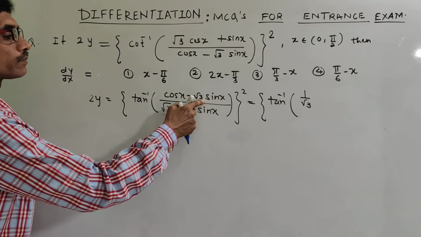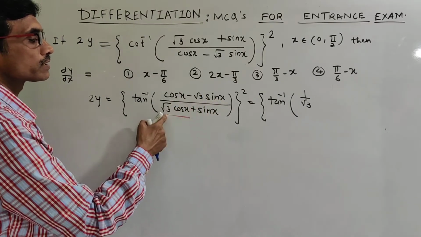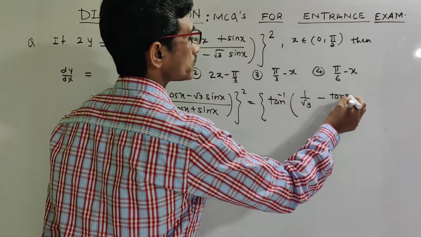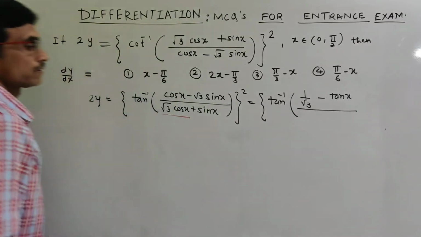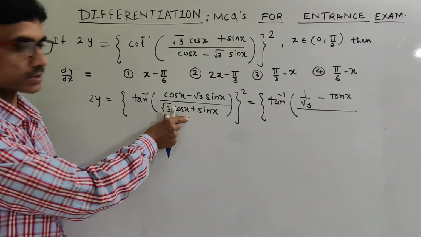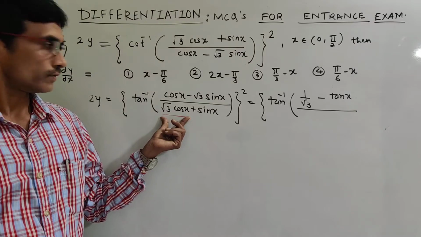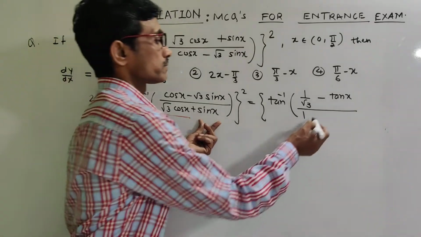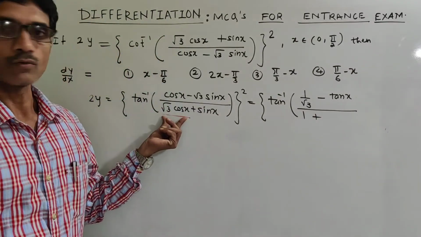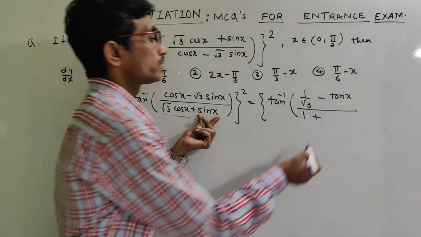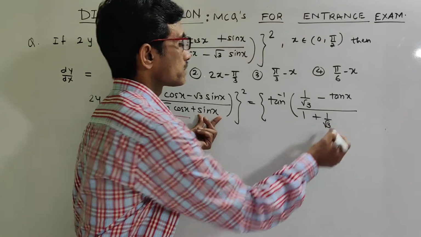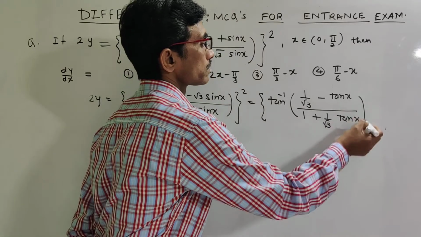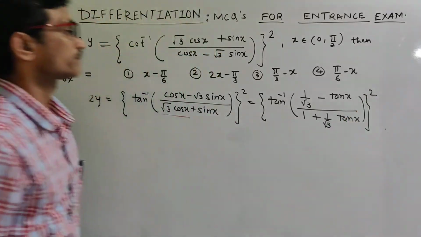Now if we divide by root 3 cos x, root 3 is getting cancelled, sin upon cos becomes minus tan x, upon 1 plus, dividing by root 3 cos x, this will be 1 by root 3 and sin x upon cos x, which is tan x, and bracket square is there.